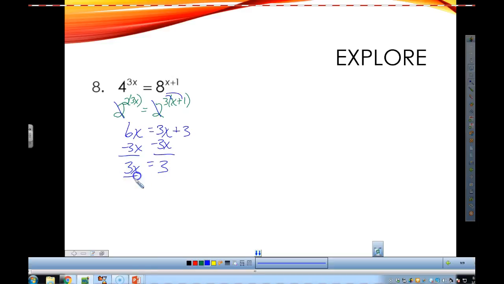Oh, almost done. Divide both sides by 3. x equals 1. Great. Let's do one final one. Let's do problem number 9.